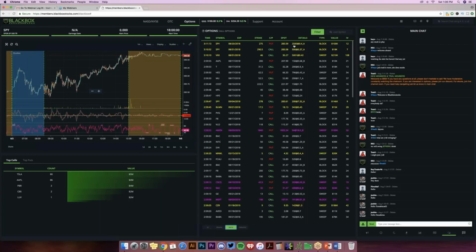This details column is going to walk you through the number of contracts, at what price, and whether it was on the bid or the ask. The next columns are type, value, and IV. This is the implied volatility, a great way to see where these options are coming in and if you should be looking at a different strike to get a lower IV. Now, Maria, in just a few minutes, is going to walk you through some more details about what these are, but this is where the fun is.